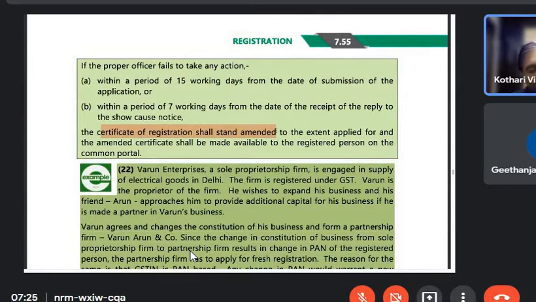Within 15 days. If the officer is not taking any action within 15 days, then it will be treated that the amendment is approved. If the officer is sending you a letter and you reply, and within 7 days he is not responding, then it is treated as amended.